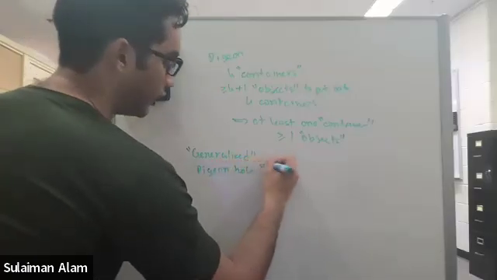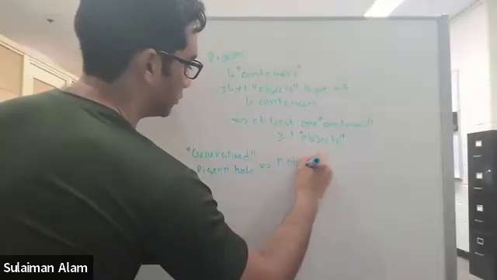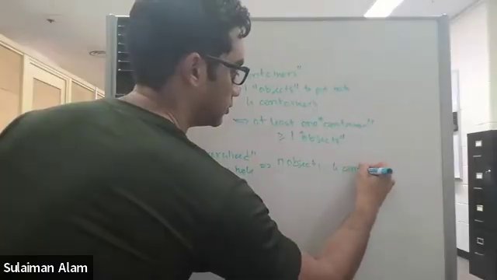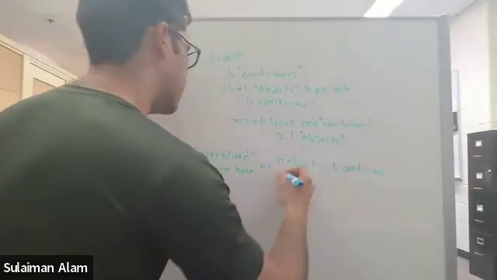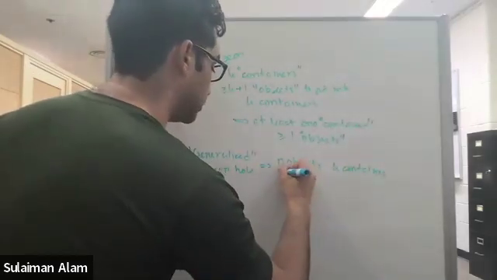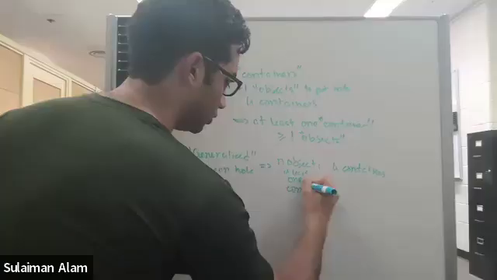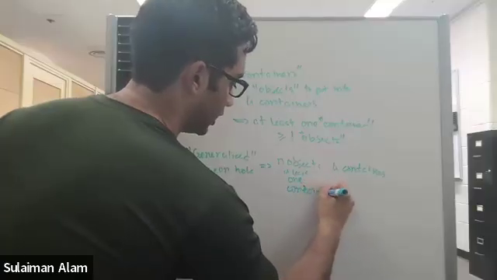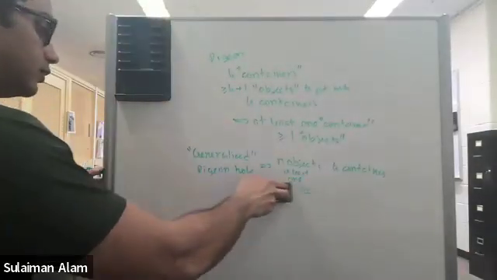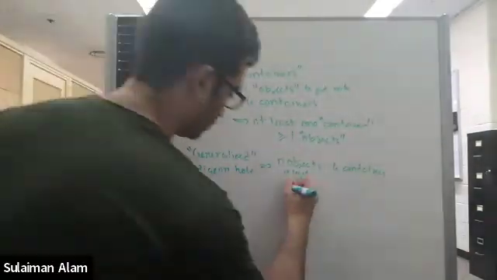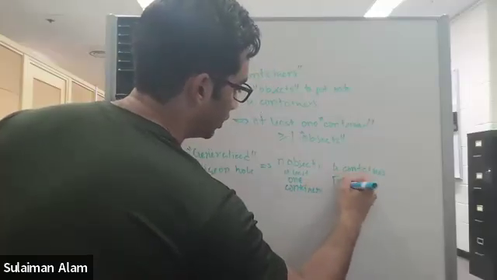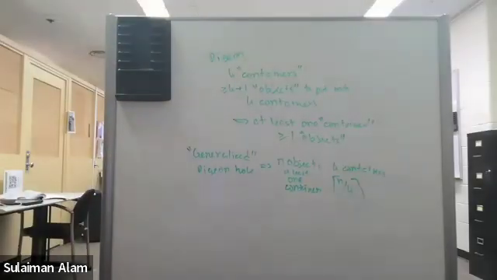I'd say if I have n objects and k containers, then at least one container has the ceiling of n over k objects, right?